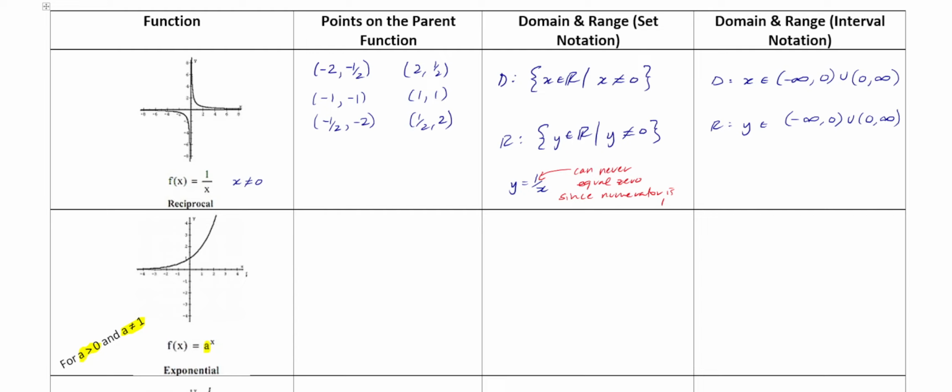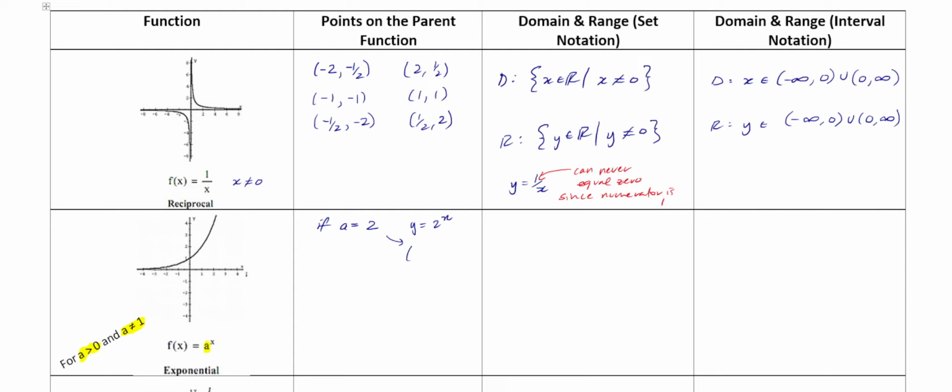Let's say a is equal to 2. If a is equal to 2, then we would have the following. So if the base is 2, y is equal to 2 to the power of x.